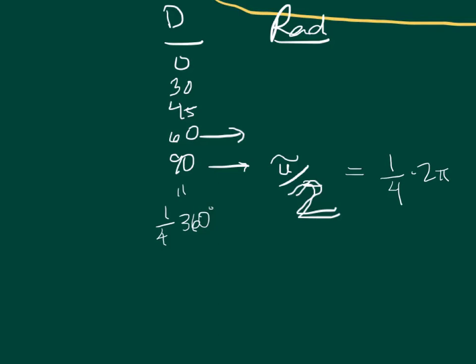It's 1/6. You did that intuitively, but I'm going to take what I said and equationize that. 60 is what of 360? It's 1/6. 60 over 360.